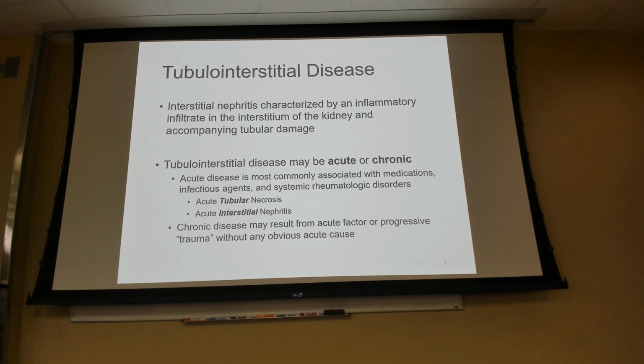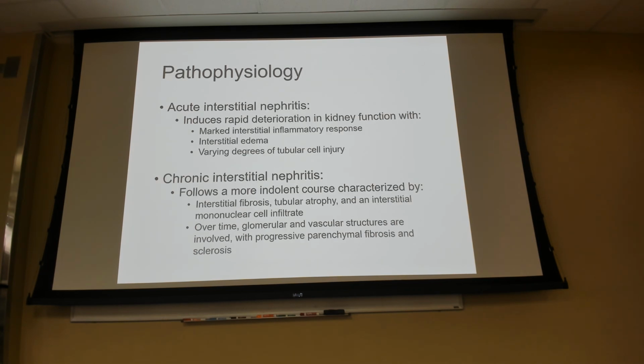So tubulointerstitial diseases. We've already talked about tubular and interstitial diseases in an acute setting, right? Tubular necrosis, interstitial nephritis. Just talking about the areas of the kidney, the areas of the nephron, where these diseases exert their pathology. So nothing specific, okay? And we talked about acute versus chronic. Acute interstitial nephritis has those acute presentations, like severe rash, arthralgias, acute decline in GFR, right?